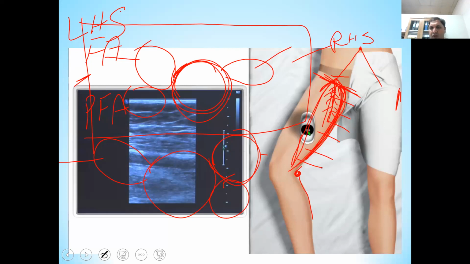And there are a lot of perforators, and these groups of perforators are termed as proximal thigh group of perforators, distal thigh group of perforators, proximal leg group of perforators, and distal leg group of perforators.